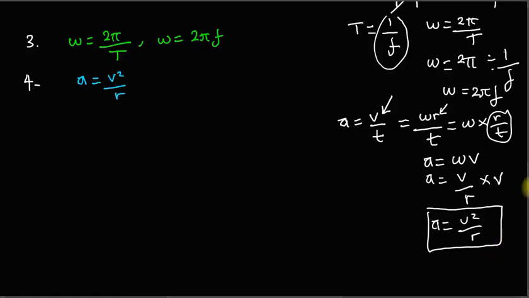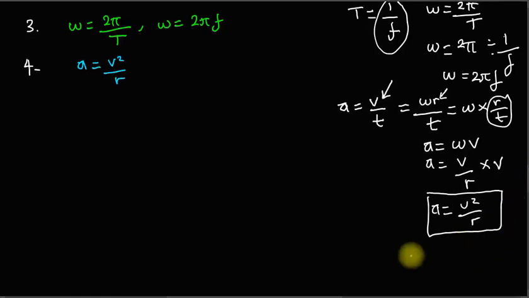Then what about centripetal force? Since force is equal to mass times acceleration, and centripetal acceleration is given by v squared over r, then centripetal force will be equal to mass times the acceleration, v squared over r.